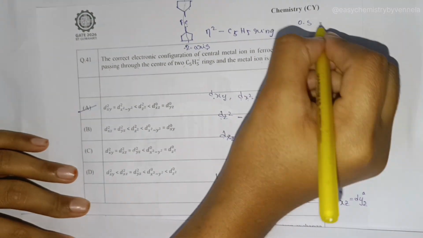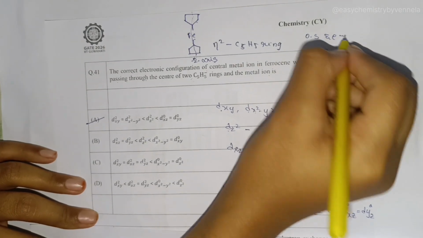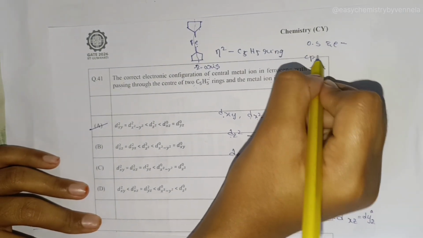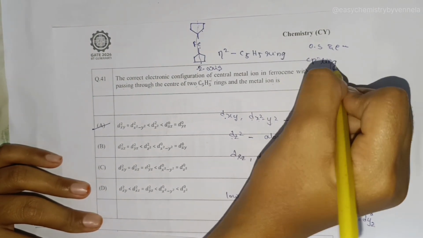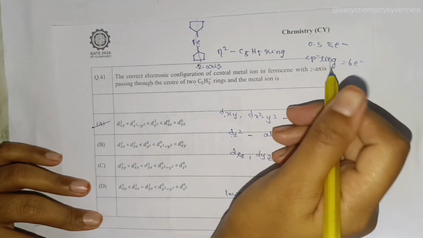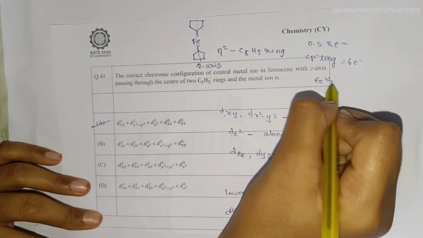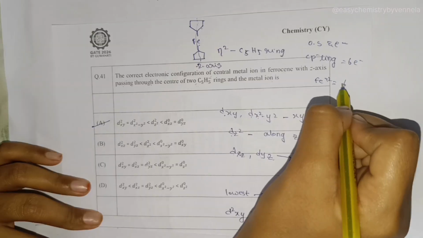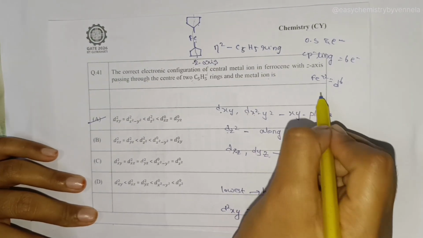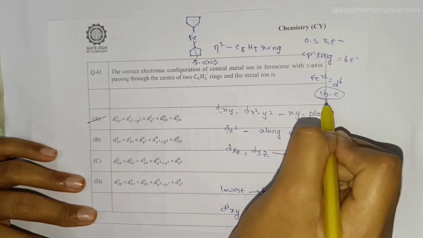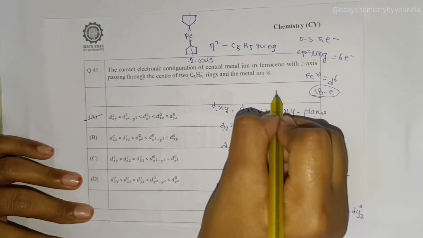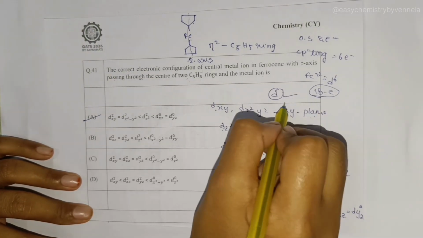In this, for the oxidation state and electron count, each cyclopentadienyl ring ligand is 6 electron. Next, Fe plus 2 is d6. So the total electron count satisfies the 18 electron rule. The question asks only about the d orbitals.